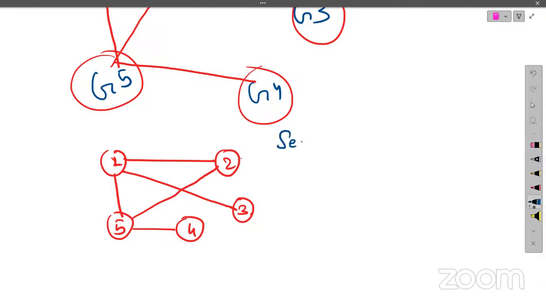So suppose this is our schedule number 1. Let's say dance group number 1 is performing. Then dance group 2 cannot perform because they have common members, dance group 3 cannot perform for the same reason, and dance group 5 cannot perform either. So if dance group 1 performs, then these three dance groups cannot perform in our program.